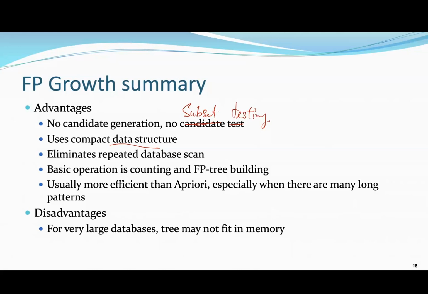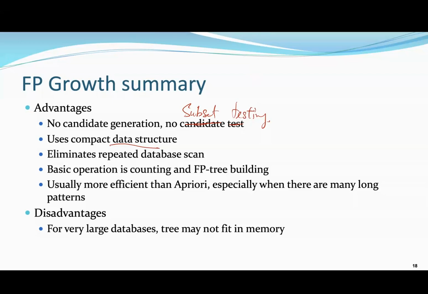Usually it's much more efficient than the Apriori algorithm, especially in scenarios where there are many long patterns and common patterns, all right? But the disadvantage of the FP growth algorithm is that it requires quite a bit of memory, because you are creating an FP tree and fitting the FP tree into main memory for processing.